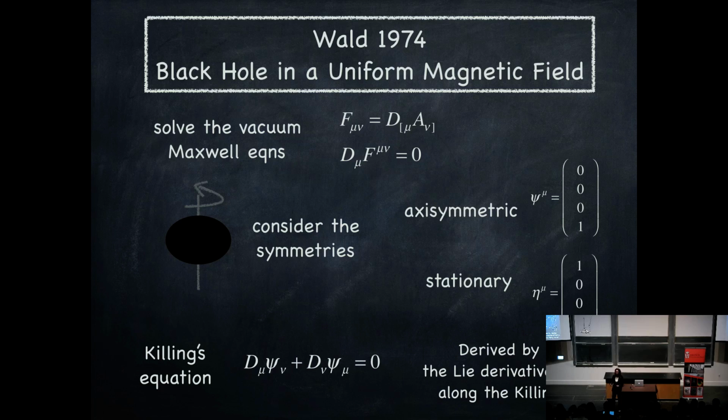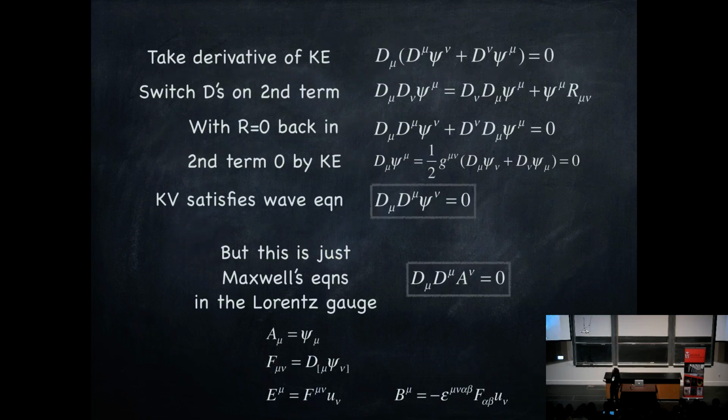What Wald realized is that you can solve Maxwell's equations exactly for a black hole in an external magnetic field by leaning on the symmetries of the space, that you could show that the vectors which describe the symmetries, known as the Killing vectors, were electric potentials. And that was really a stunning little proof. It's very short.